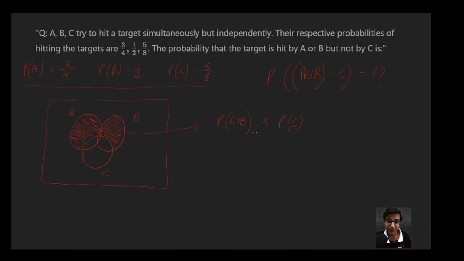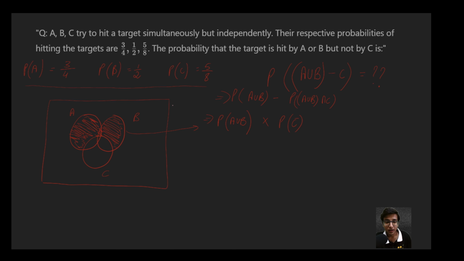Or, if you're not able to see this directly, what I'm saying is P of A union B minus P of A union B intersection C. So I can write this minus sign in this format, right? And this can be written in this format.